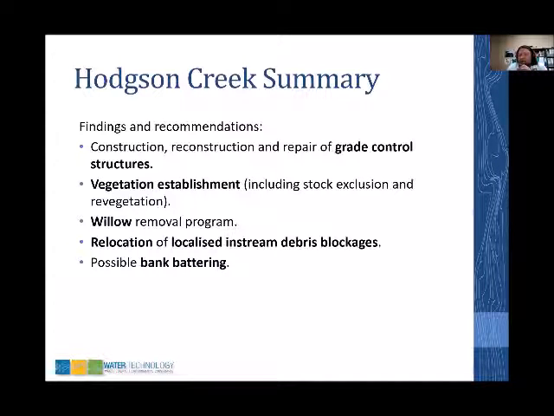There's also these scattered willows through the system, and willows are a weed of national significance. So there were some recommendations to remove some willows, and recommendations also for the relocation of localised in-stream debris blockages and some bank barriering works. And we'll go through most of these in a bit more detail moving forward.